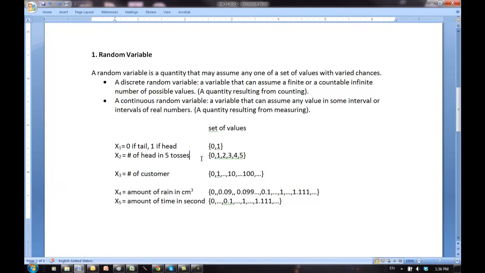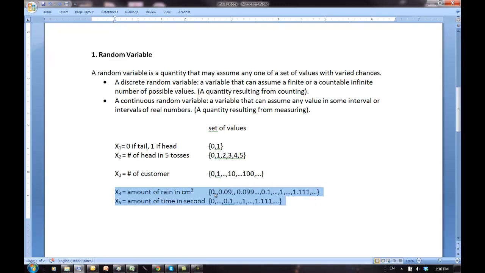And notice that for the first 2 variables, the set of possible values is finite. It's 2 in this case, it's 5 in this case. For the third variable, the set of possible values is infinite. However, it's countable. The last 2 variables are continuous variables.